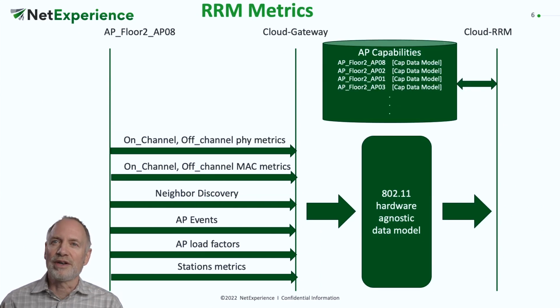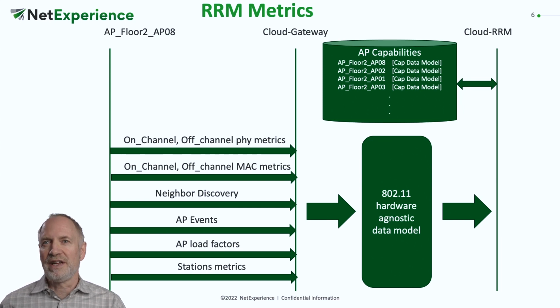Specifically today, we want to talk about the RRM, or Radio Resource Management application. The RRM application now has access to the specific capability data for each access point in the location.